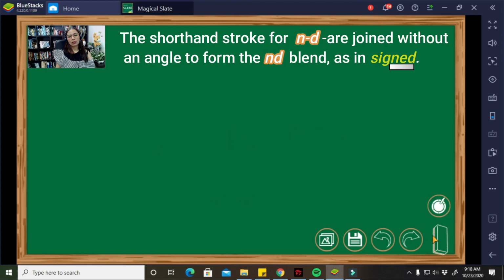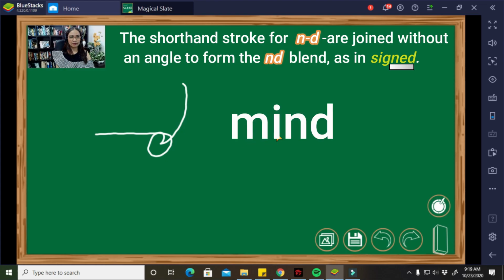Now try to read these examples that I will write. How do you read this one? Straight line, and a broken circle, and ND. What is the word now? Very good, the word is mind.